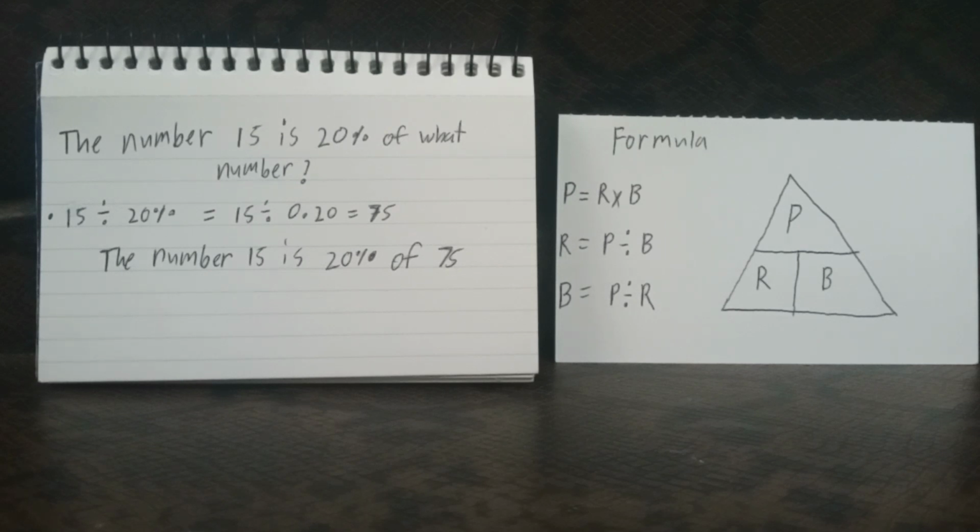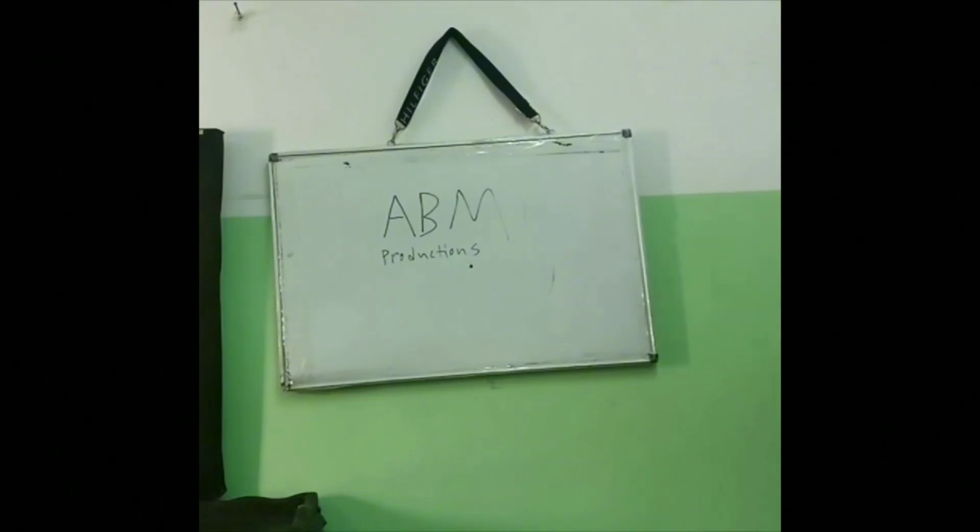We have to divide percentage by rate. So 15 divided by 20%. What you have to do is change the 20% into decimal form. So you have to move the percentage sign 2 places to the left and add a 0. So 15 divided by 0.20 will give us 75. So that means 75 is our base. And our final answer will be: the number 15 is 20% of 75.